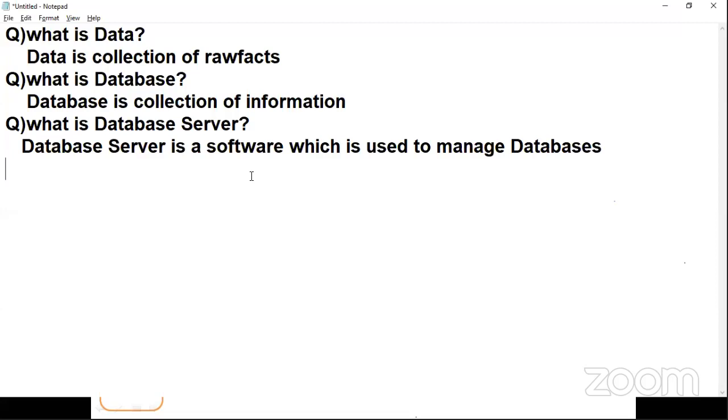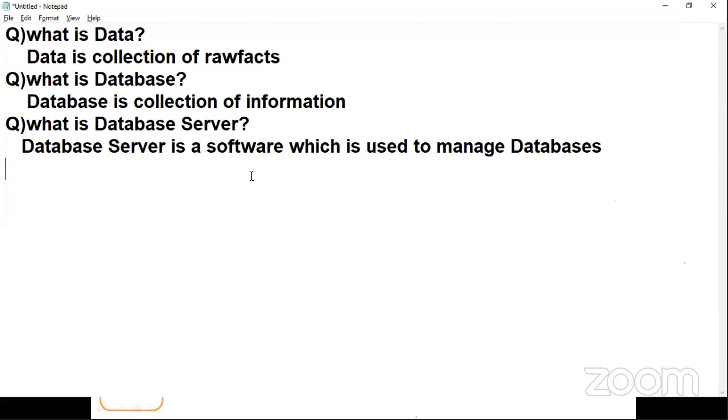So some supervisors will be there. When the customer visits the mall and says, I'm looking for some groceries, he will guide you: sir, go to the first floor. Or if we are looking for furniture items, go to the second or third floor. So that person is managing the data available in that shopping mall.